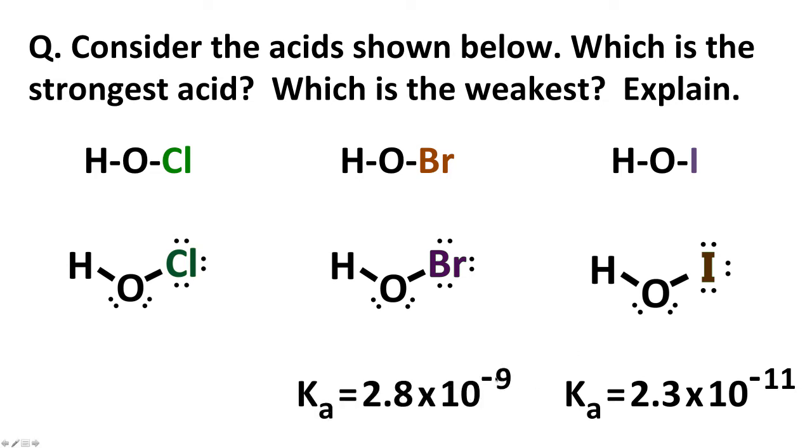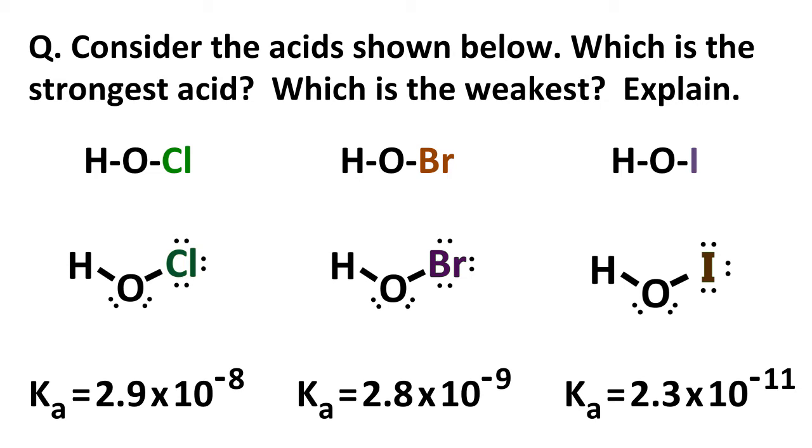to the minus 9th. And then for HOCl, same essential idea. Cl is more electronegative, withdraws more electron density than Br or I, gets a somewhat stronger acid, somewhat larger K sub A, and 2.9 times 10 to the minus 8th for HOCl.